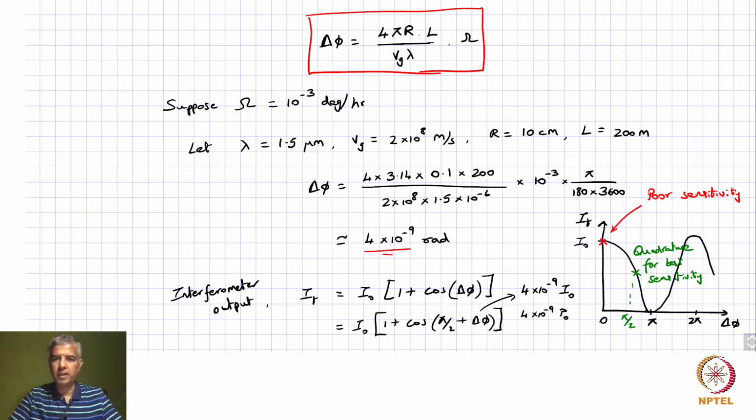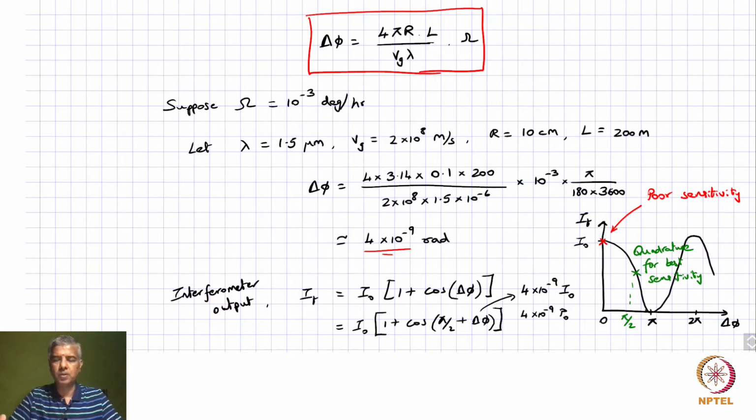We realized that if we want to achieve rotation rate sensitivity on the order of 10 power minus 3 degree per hour, then you need to be able to pick up fairly small changes in phase, so delta phi on the order of 4 into 10 power minus 9 radians.